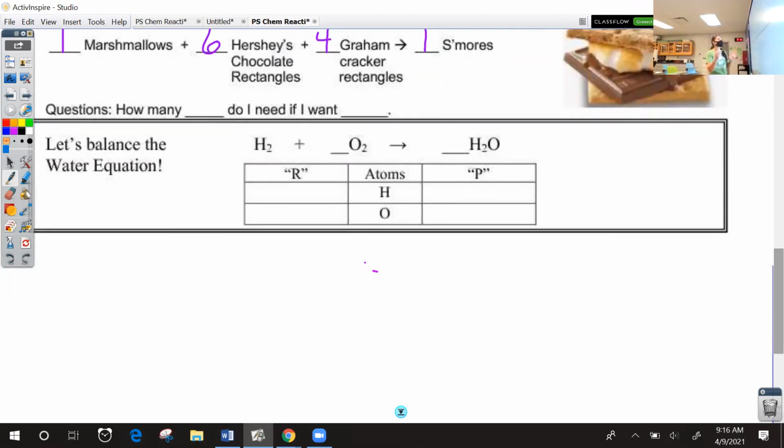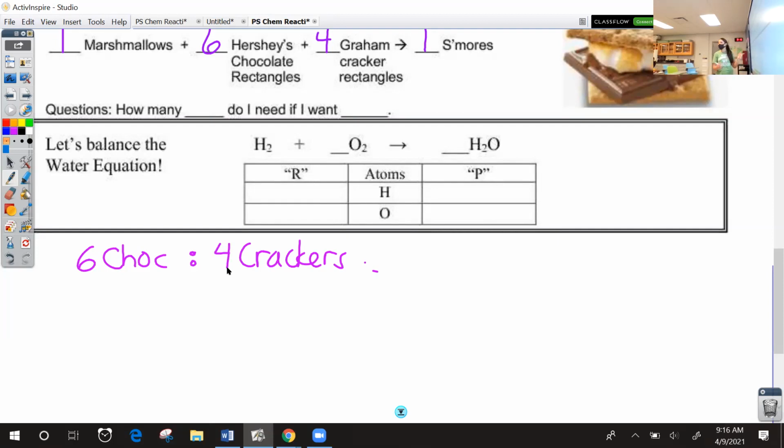Well, if I wanted a ratio between the Hershey's rectangles, the pieces of chocolate, versus the graham crackers, I'm just going to write crackers instead. My ratio is how many pieces of chocolate, 6, to how many crackers, 4. And it's a baseline ratio.